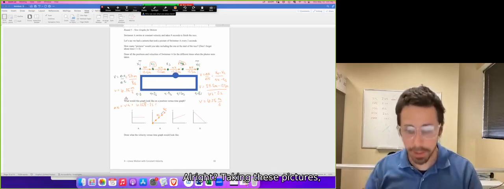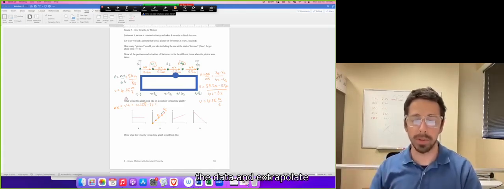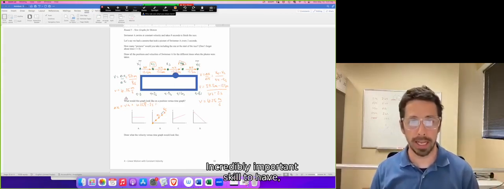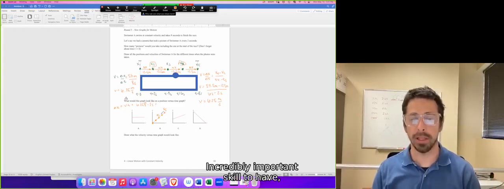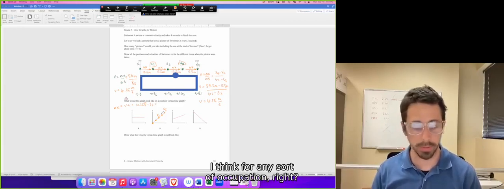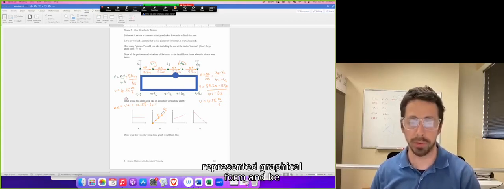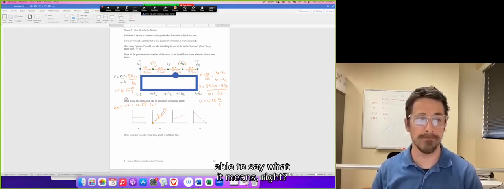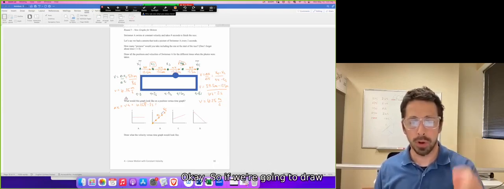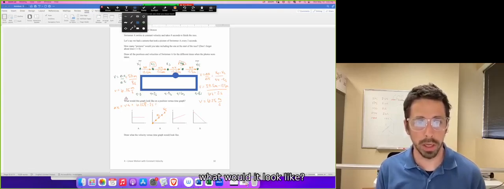Being able to take the data and extrapolate to what it looks like in a graph is an incredibly important skill to have, not just for this class, but for any occupation. Can you take what you have and represent it in a graphical form and say what it means? Okay, so if we were going to draw a velocity time graph for this, what would it look like?